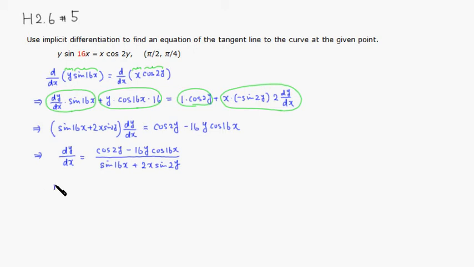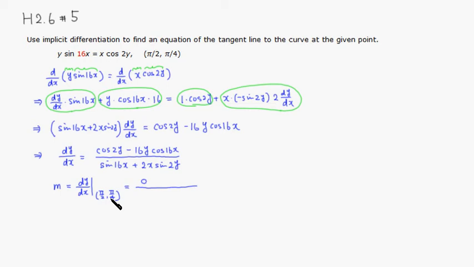So the slope m is going to be dy over dx evaluated at pi over 2 comma pi over 4. Cosine of 2y, so pi over 4 is plugged in, so cosine of pi over 2, which is actually 0.